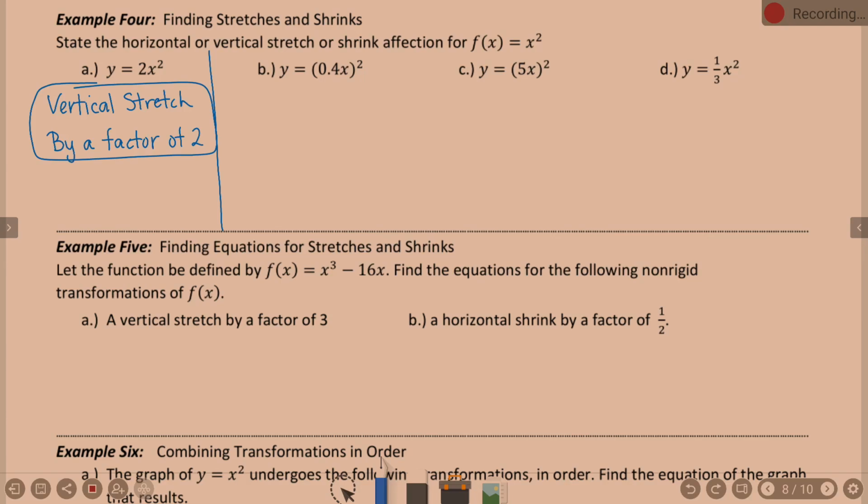So, okay. B. Y equals 4/10 x quantity squared. Horizontal shrink. Yeah. Maybe. It's shrink because it's less than 1. Is this in the right form, though, to judge that quite yet?